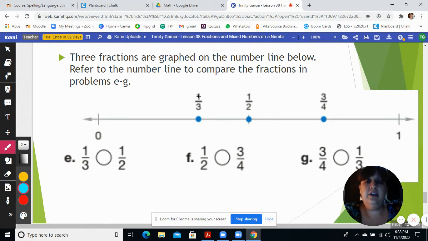So if you look here, here's 1/3, and here's 1/2, because here is 0, right? And way over here is 1, so here's half in the middle. So 1/3 is greater than, less than, or equal to 1/2. Well, it's not equal to, because they're not at the same point. It's not greater, because it didn't get closer to the 1, so it has to be less than.